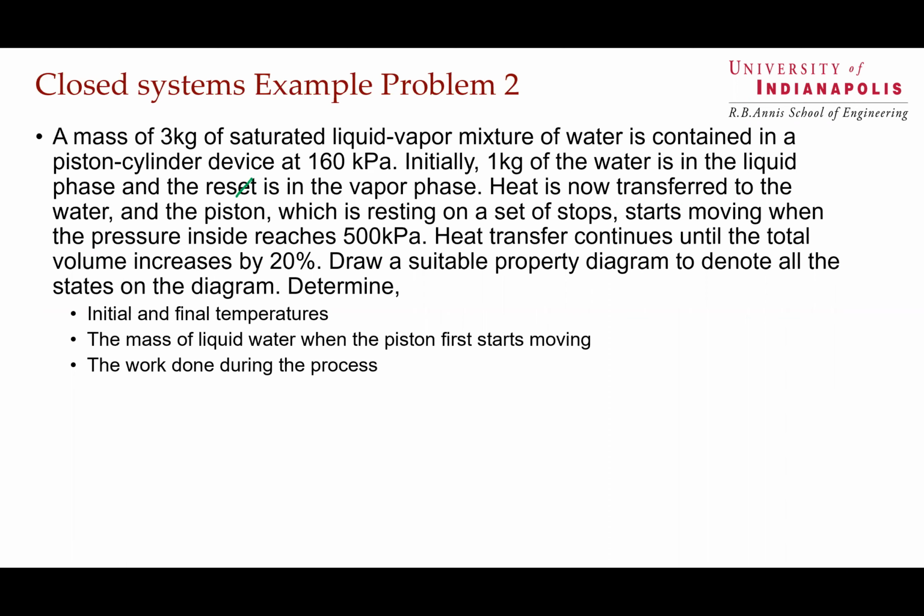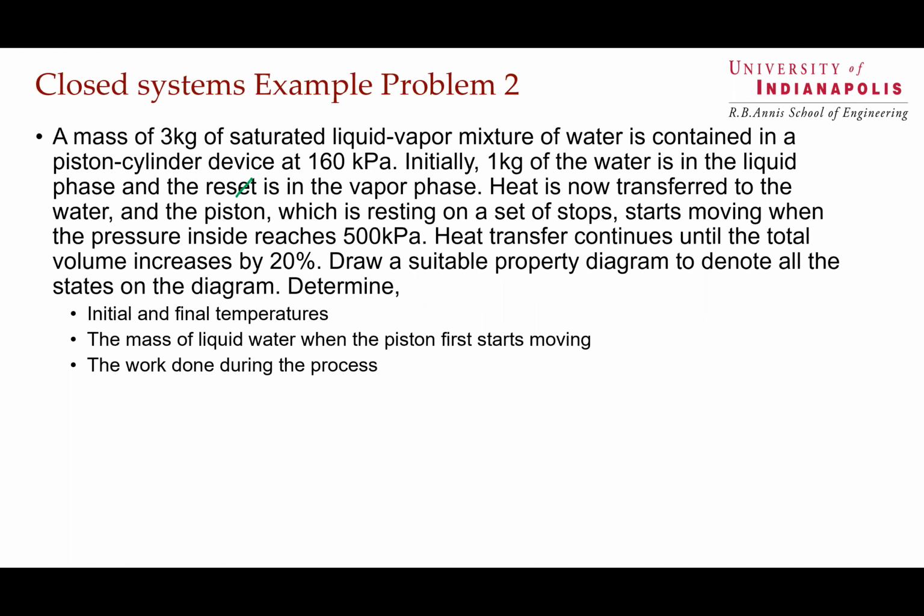Heat is now transferred to the water and the piston, which is resting on a set of stops, starts moving when the pressure inside reaches 500 kPa. Heat transfer continues until the total volume increases by 20%.